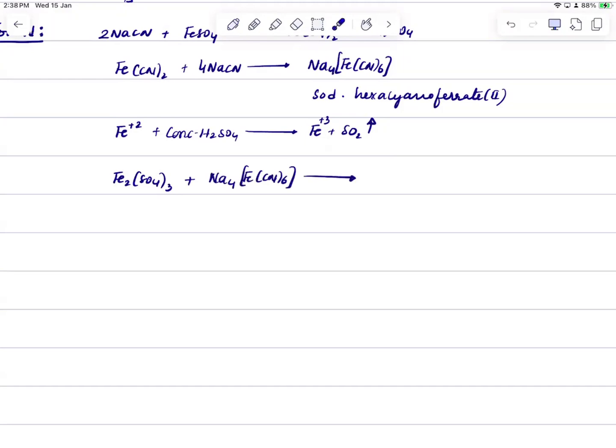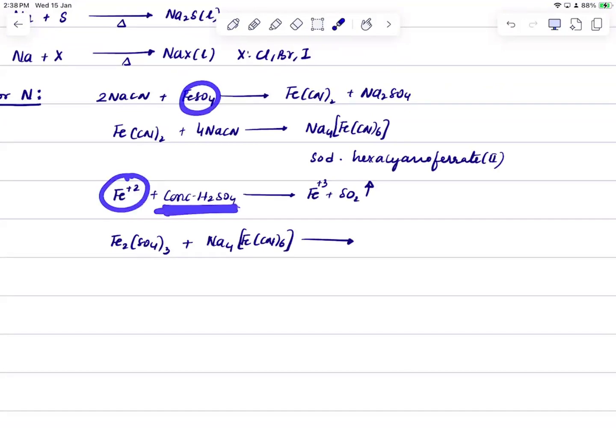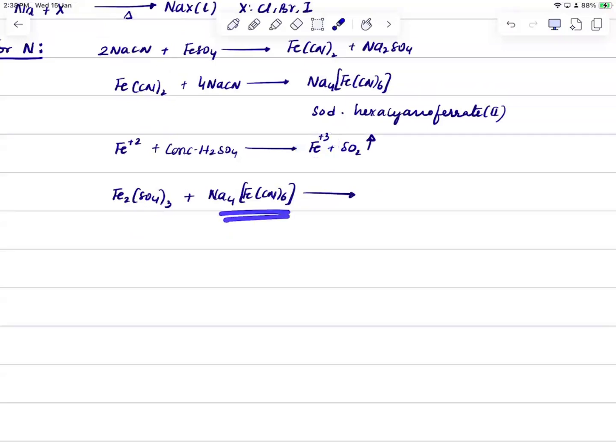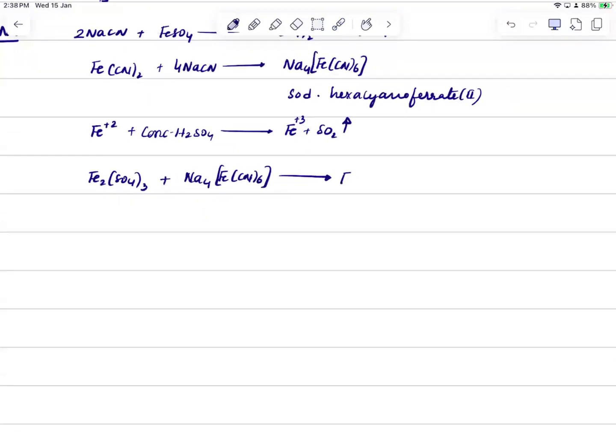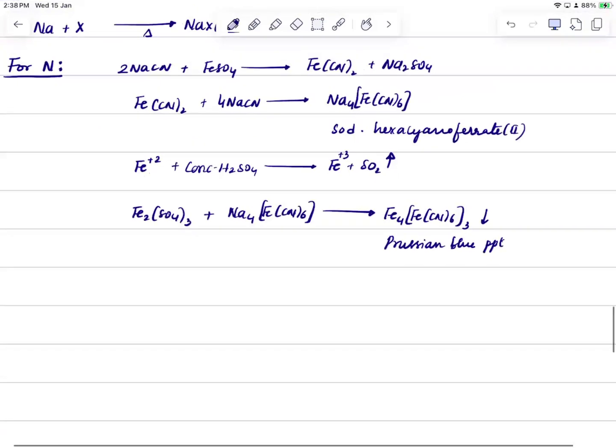Okay, it is like this: you're taking another solution of FeSO4 in another test tube with concentrated H2SO4, making it into oxidized form, then adding back to the original test tube which contains this complex, and on adding that we will get Fe4[Fe(CN)6]3. This is Prussian blue precipitate. So this is a detection for identification of nitrogen present.